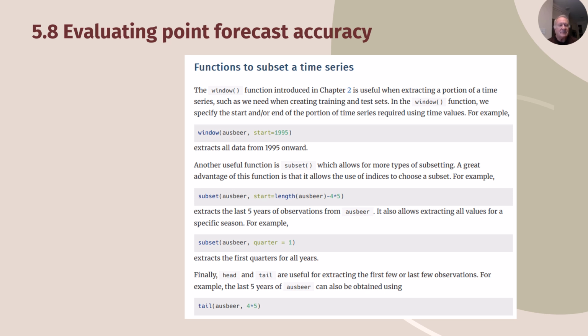We could also use subset of our data quarter equals 1, which extracts the first quarter for all years. Or we could use tail, which is useful for extracting the first few or last few observations. Similar to when you use Linux or Unix, the tail function will tell you the last couple of lines of a file.